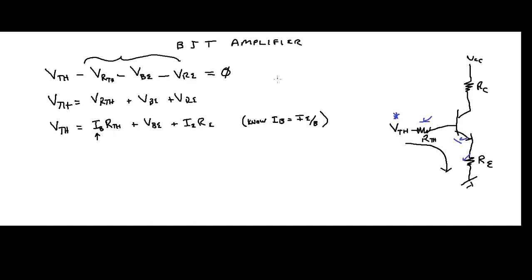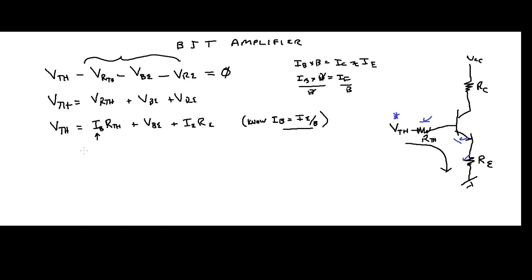If you recall, IB times beta equals IC, which is approximately equal to IE. Get it? So IB times beta equals IE. If you divide both sides by beta, these are going to cancel out, and this is what you get, okay?